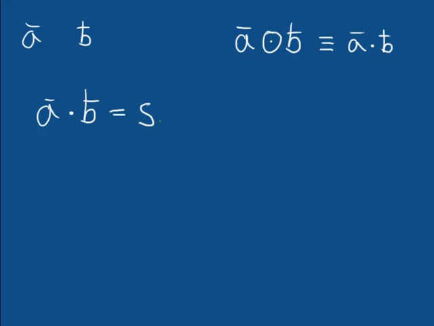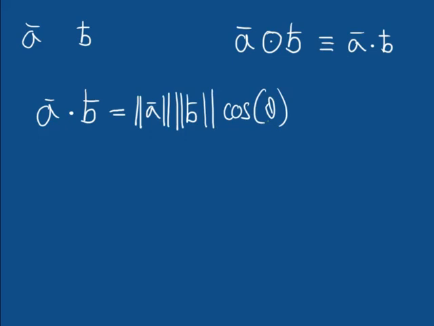Well, actually, the scalar value S is of great significance to us because we define the dot product of A dot B as being equal to the magnitude of A multiplied by the magnitude of B multiplied by the cosine of the angle between those two vectors. So we can see that the length of A, the magnitude of A, is just a scalar value.